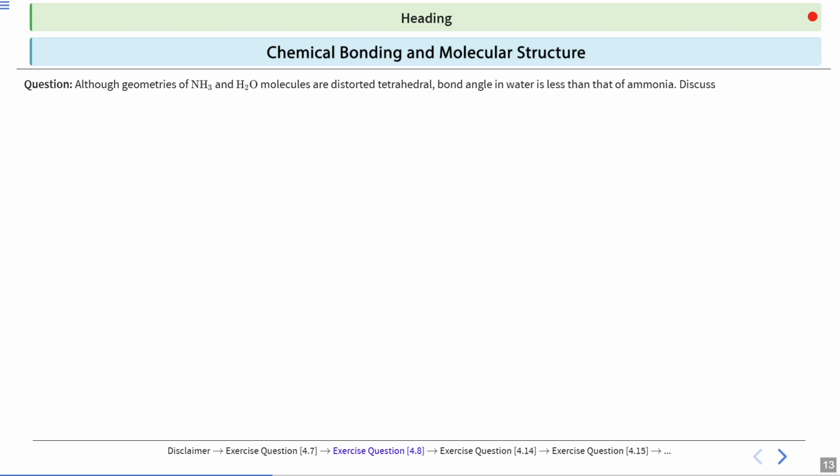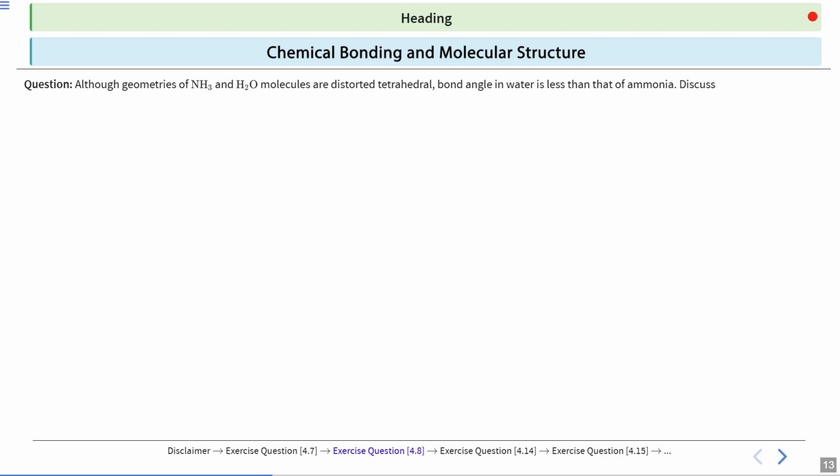If you consider the shape here, then for NH3 it will be trigonal pyramidal, and for H2O it will be bent. And the geometry for both of these will be tetrahedral, but the tetrahedral that we will see will not be identical in both of these. So there is a reason behind it. You have to think about that.